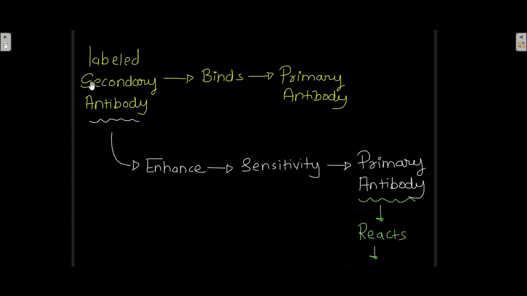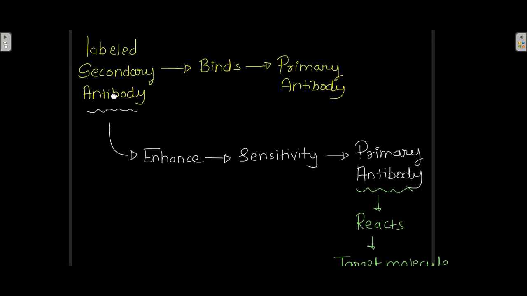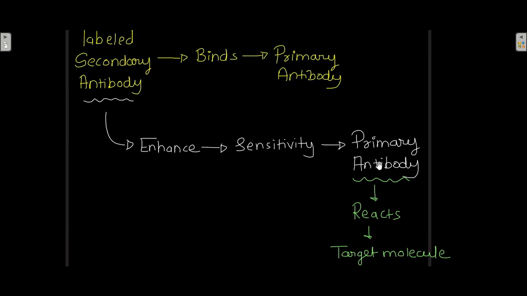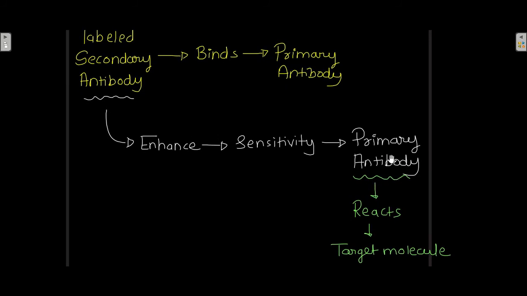Now this labeled secondary antibody, which binds to the primary antibody, enhances the sensitivity of detection. And what is the primary antibody? The primary antibody is the antibody which reacts with the target molecule.